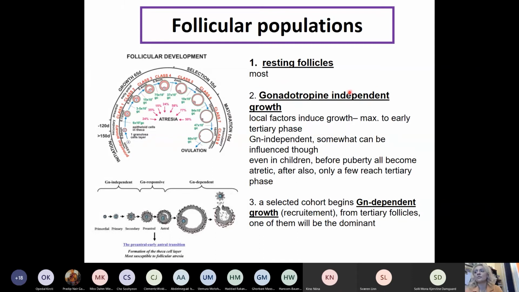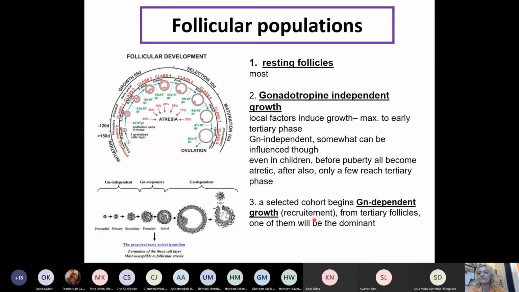And this is the gonadotropin independent growth. We don't need those hormones for this growth, okay? To an early tertiary phase, this happens. This is the gonadotropin independent growth, which happens even in children before puberty, but of course, these follicles will degenerate.